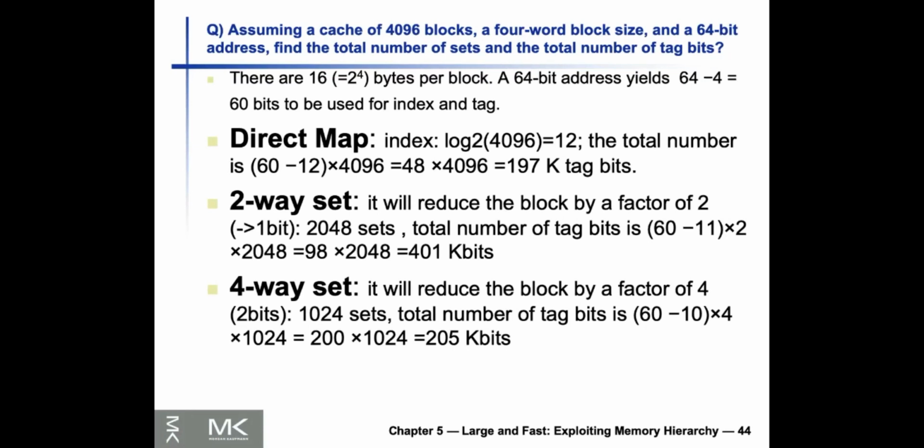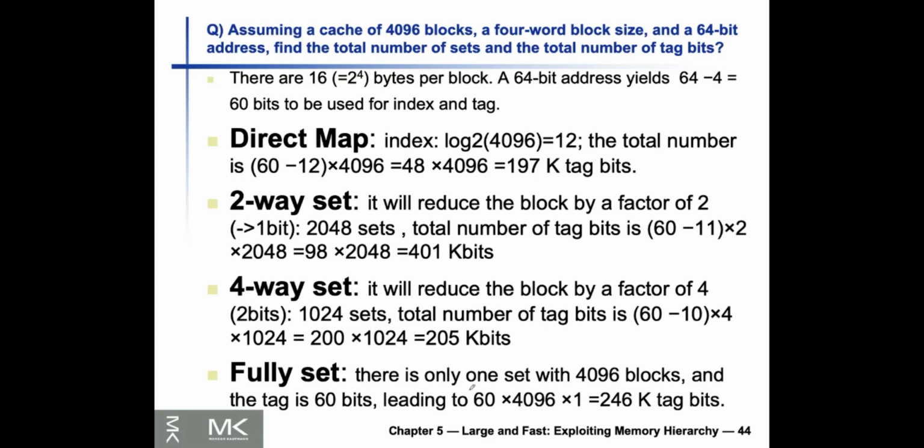So instead of 12, now we need to take 2 more, so it's going to be 10. And for fully associative, we're going to use all the 60 because it can go anywhere. We don't need to address anything else. It's only one index effectively. And these are the different results: 197K, 401, 205, and 246, right?